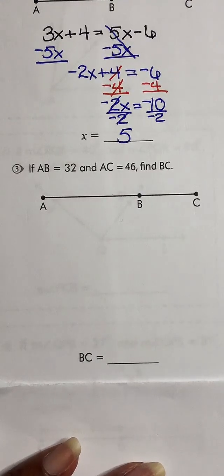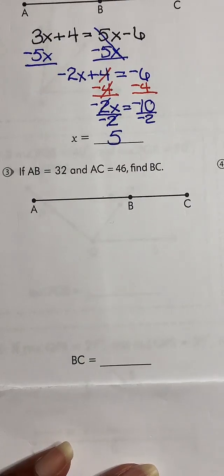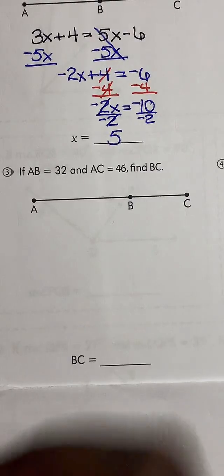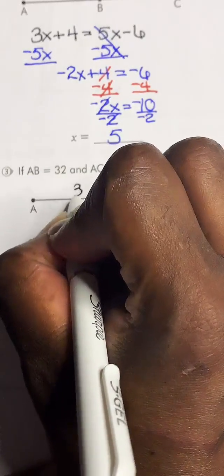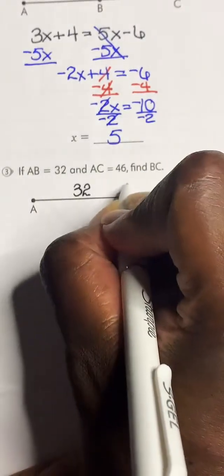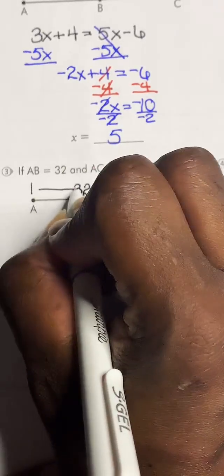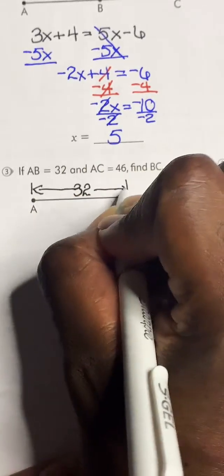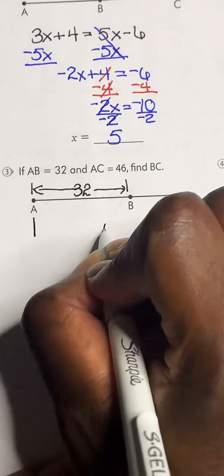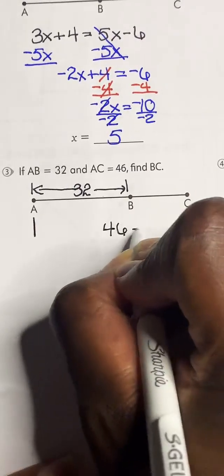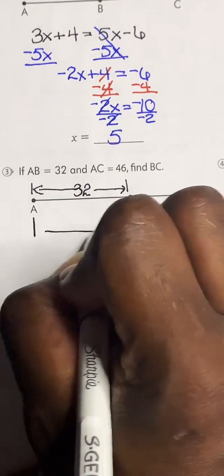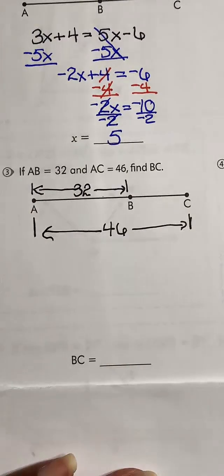All right, give this one a try. So AB is 32 degrees. AC is 46 degrees. Or measurements, I should say, not degrees.